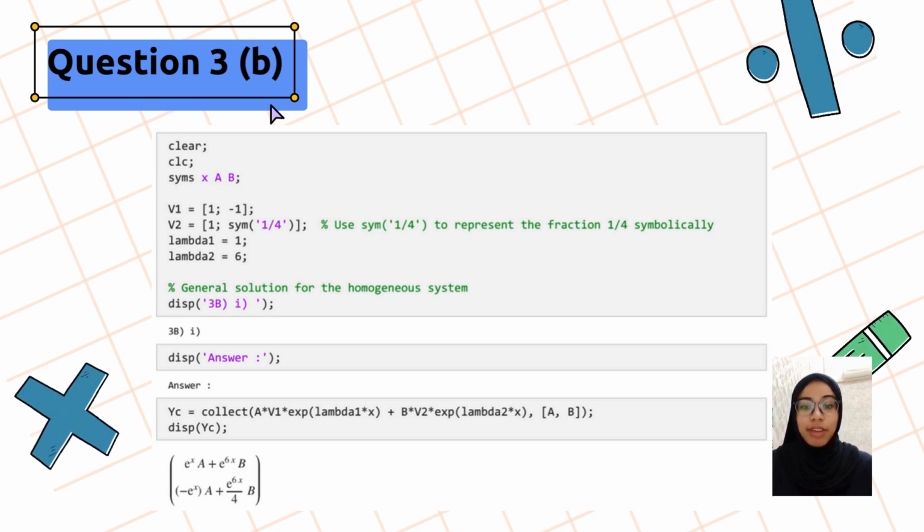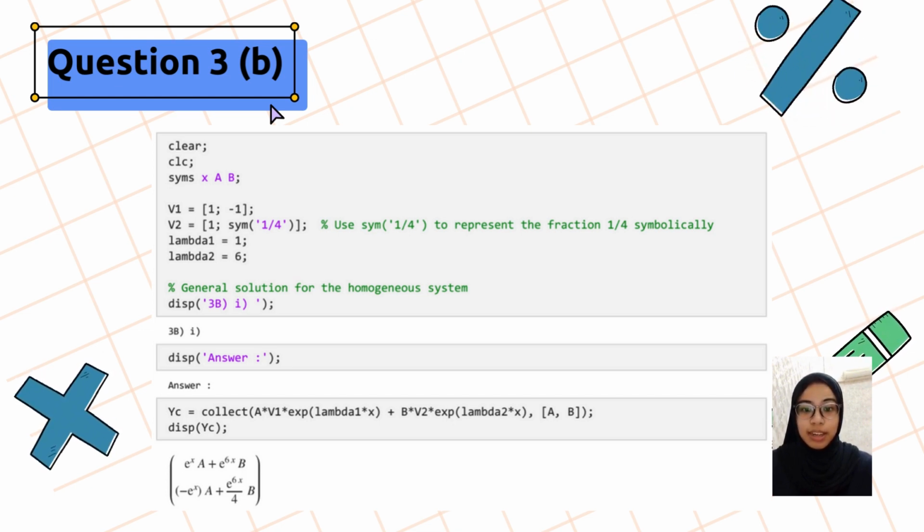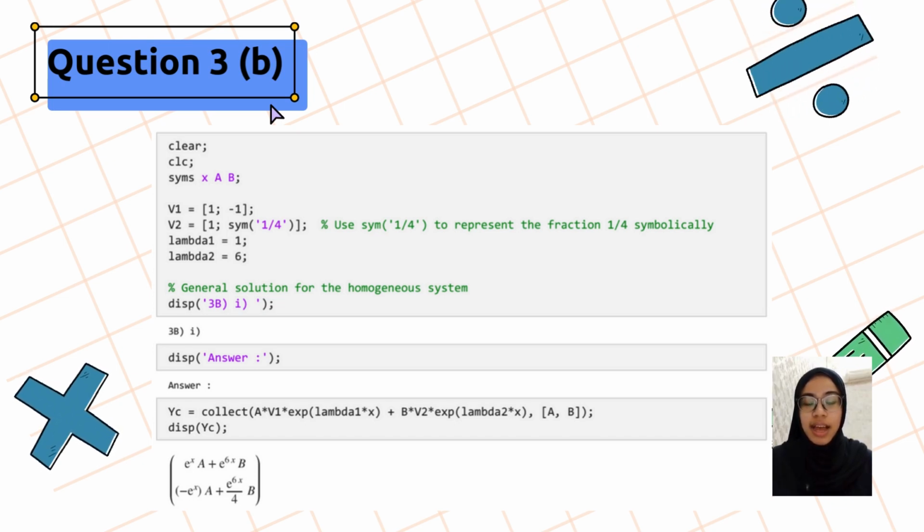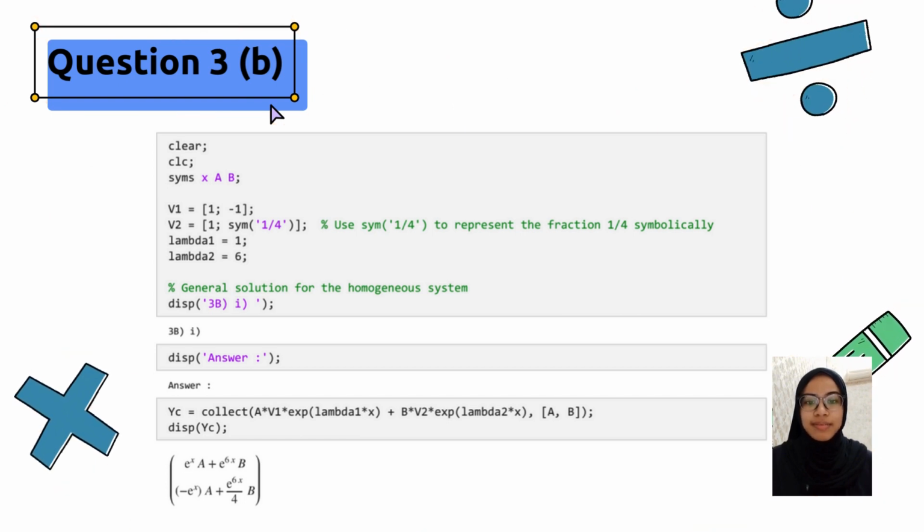And define the eigenvalues lambda 1 and lambda 2. Lambda 1 is 1 and lambda 2 is 6. So the final answer is exp(x)a plus exp(6x)b and negative exp(x)a plus exp(6x)/4 b.